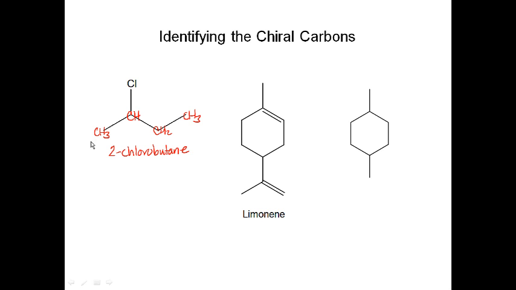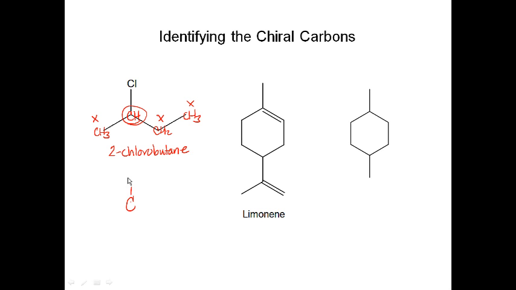Are there any carbons in there that I can immediately eliminate as not being chiral, or not having the possibility of being chiral? Sure. CH3s aren't going to be chiral. CH2s aren't going to be chiral because they have at least 2 groups the same. Now how about this one? Is this carbon chiral?